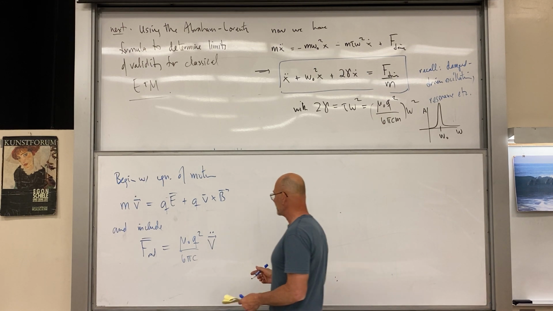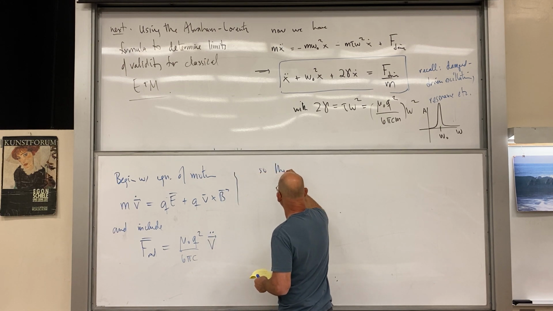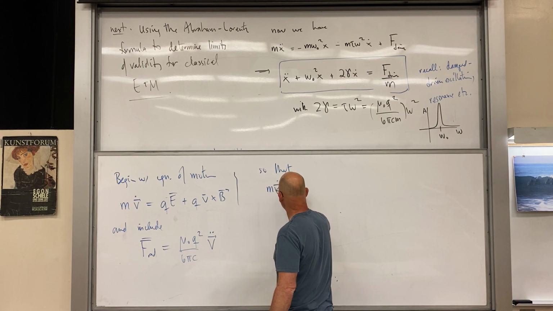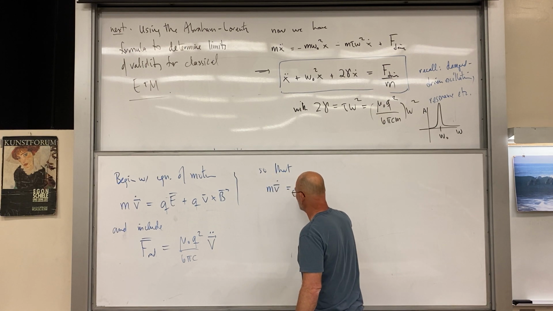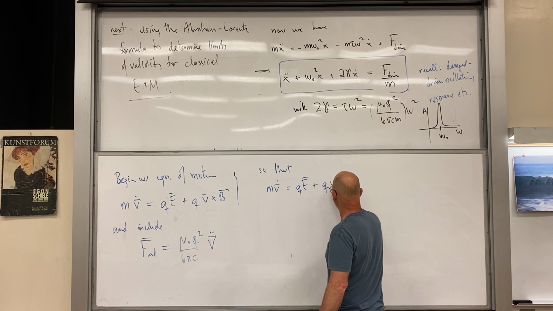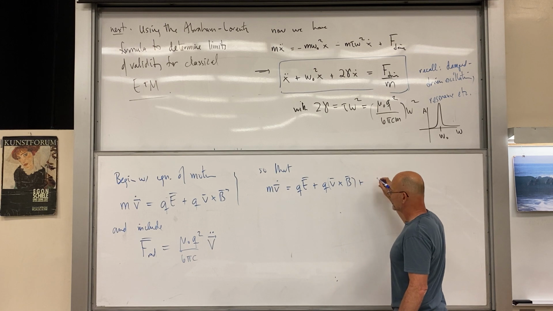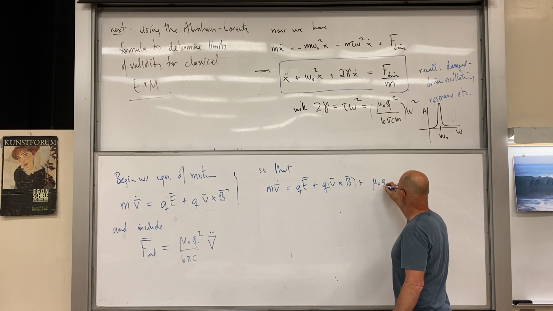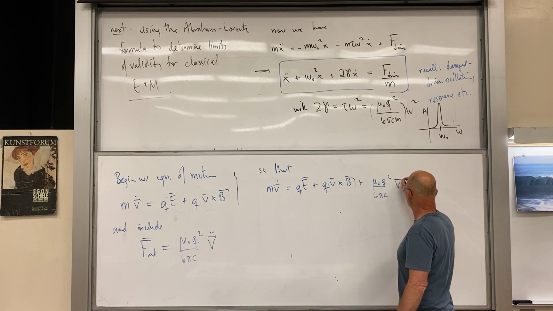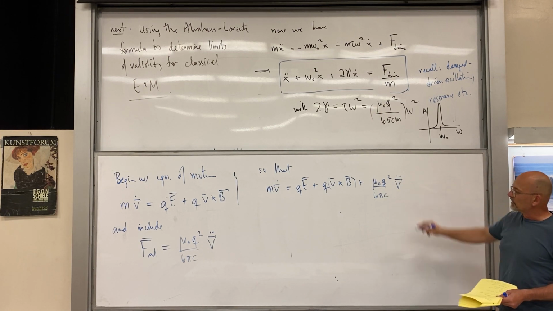So we'll just rewrite it. m v dot equals qE plus q v cross B plus mu naught q squared over 6 pi c times the two derivatives of v.